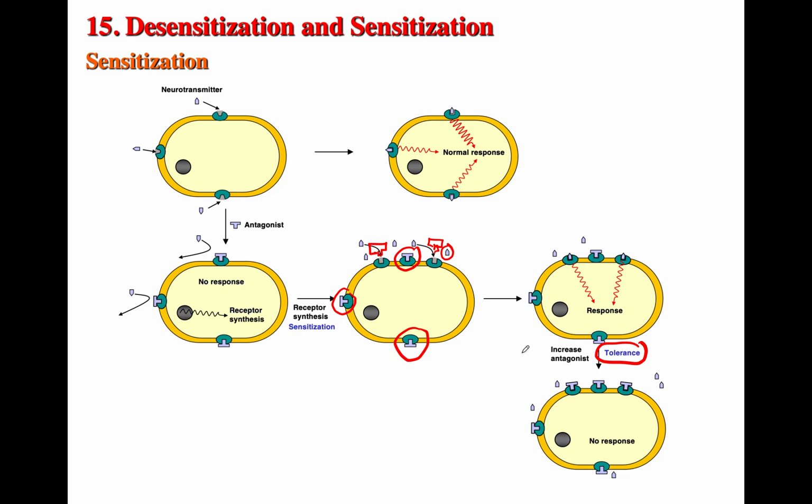Tolerance happens when you now need a higher dose of antagonist to get the same effect that you had before, because now you have more receptors that are open.